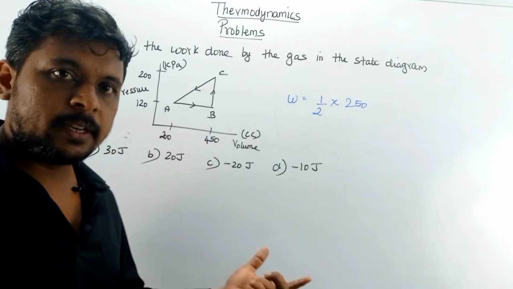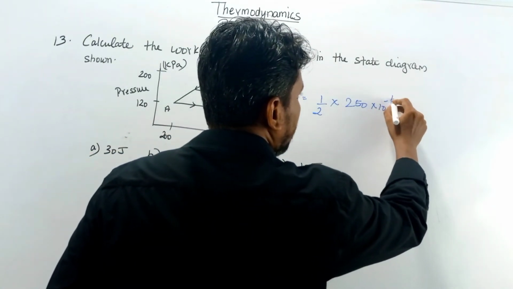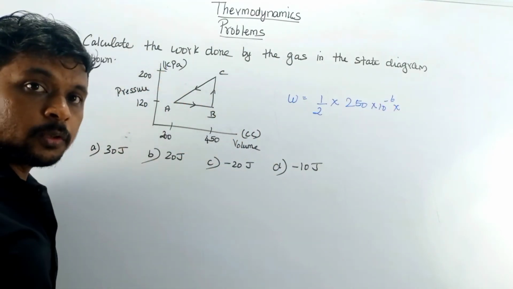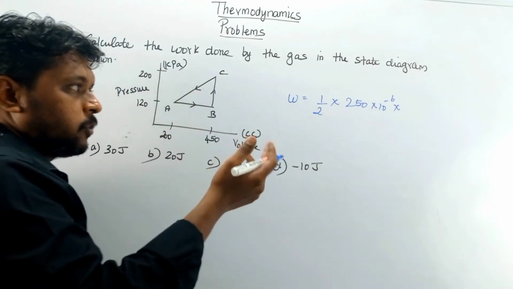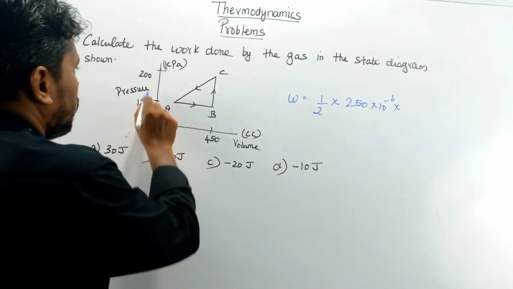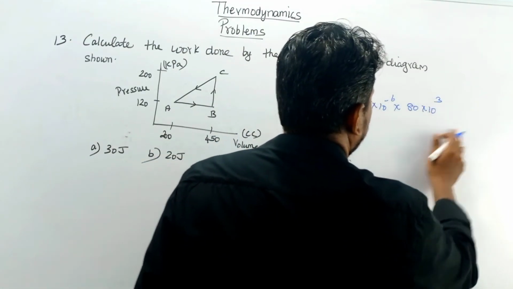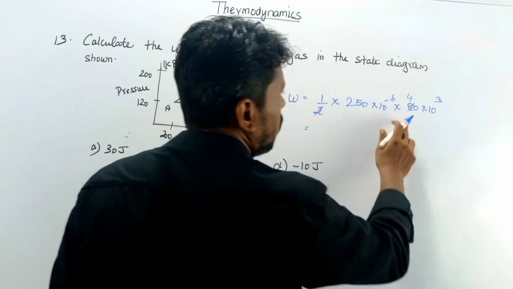Here it is given as cc. Cc means cubic centimeter. We have to convert it into meter cube, so I am multiplying it by 10 power minus 6. So it is converted into meter cube. The value of pressure is also given in kilopascal. We have to convert it into pascal, so for kilo, 10 power 3. The values are 120 and 200, so the difference is 80, 80 into 10 power 3. From this, 2 and 4, so 40.